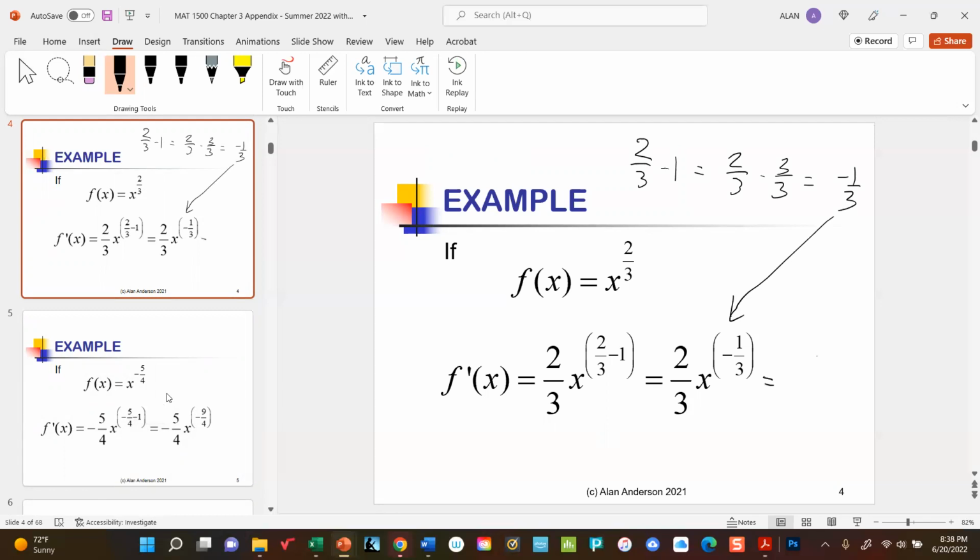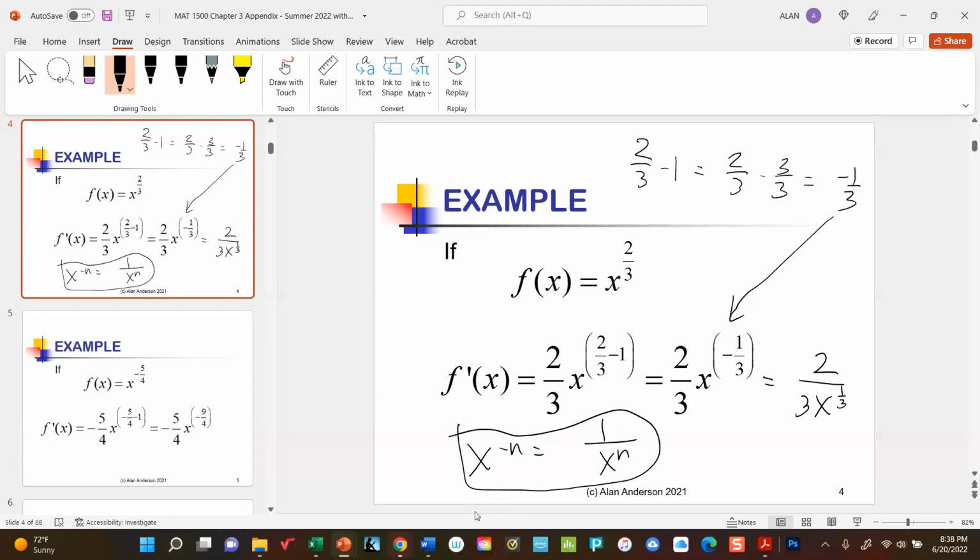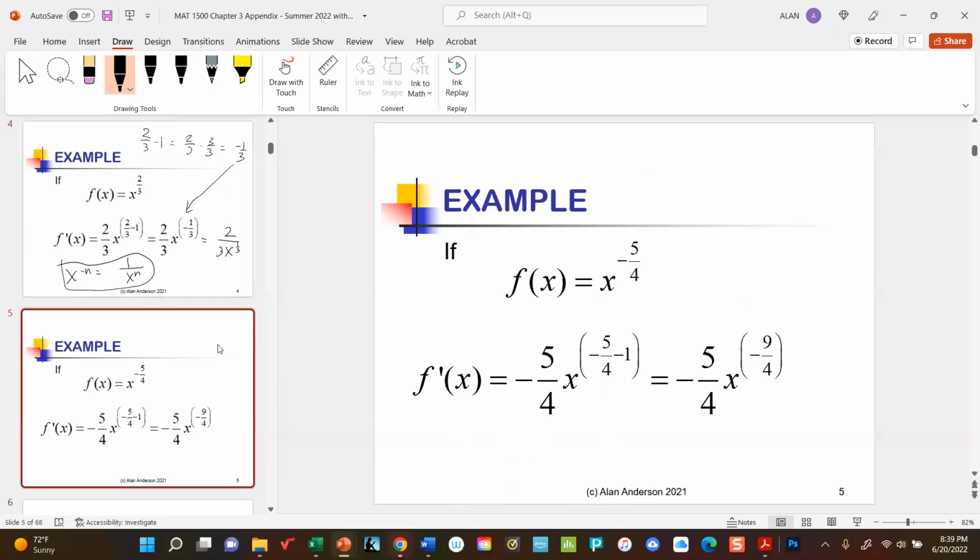Also, I just want to point out that this is equivalent to this. In other words, whenever you have x to the negative n, it's the same thing as 1 over x to the positive n. Very good. Now how about this second case, m over n? Well, actually, they're both m over n, but this one has a negative value in the exponent.